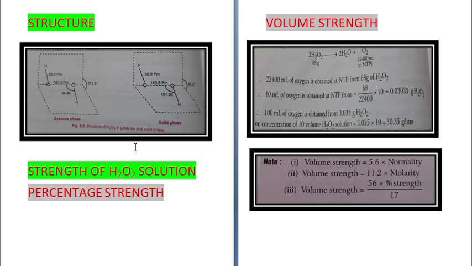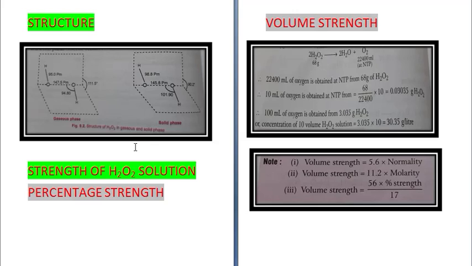Now next is strength of hydrogen peroxide. First is percentage strength. It is the mass of H2O2 in gram present in 100 ml solution of H2O2. So mass in grams per 100 ml solution of H2O2, that is called as percentage strength. You know, percentage means upon 100.